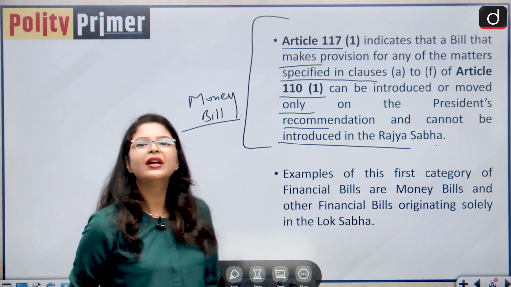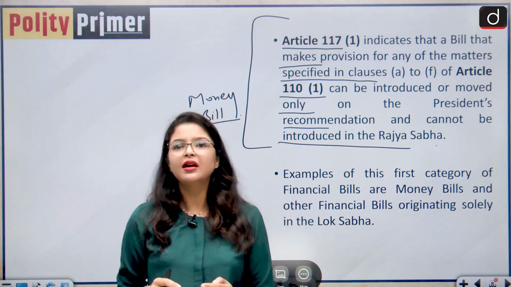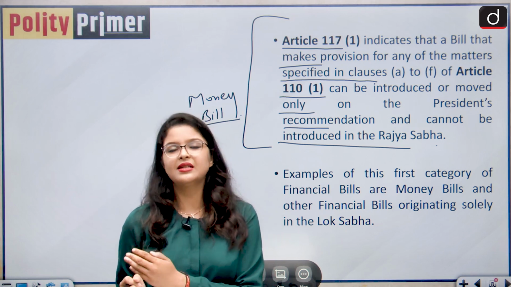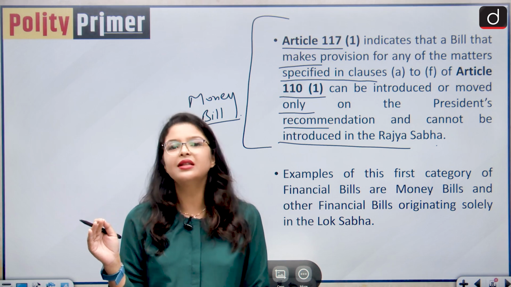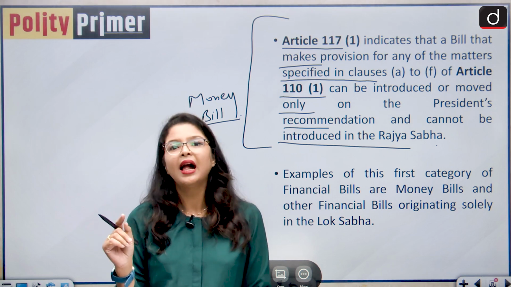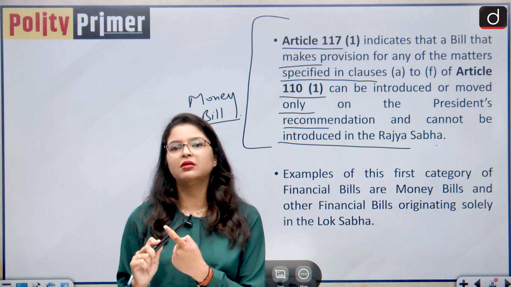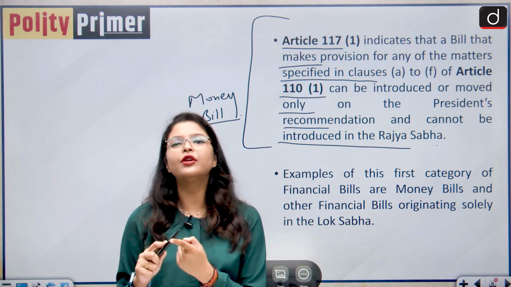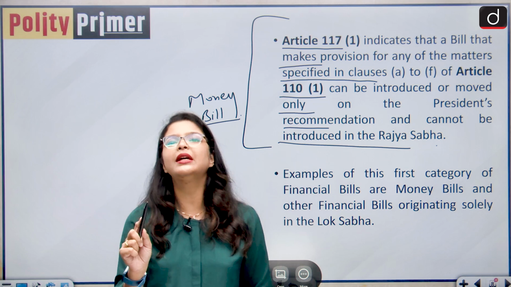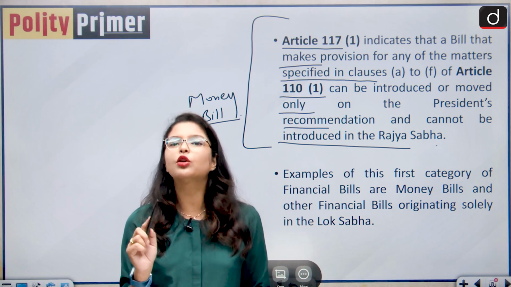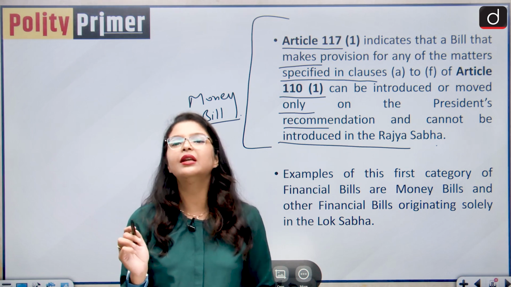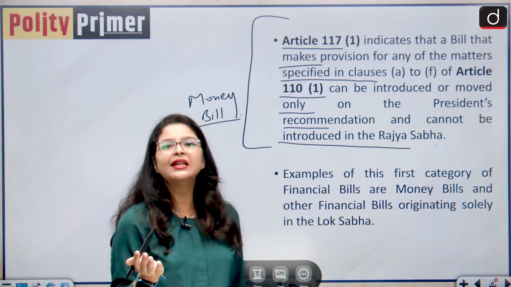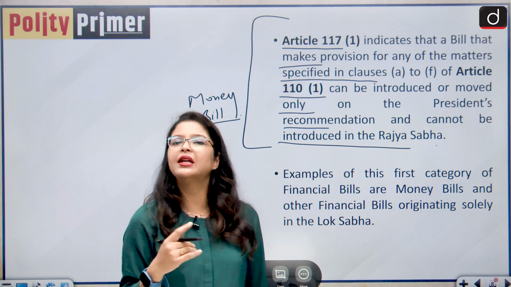Article 110 clause 1 enumerates 7 categories, and if a bill falls under those 7 categories it is classified as a money bill. The first and foremost characteristic of a money bill is that it can only be introduced in the Lok Sabha and it cannot be introduced in the Rajya Sabha. In fact, Rajya Sabha has a very limited power over a money bill. We'll see and understand what is a money bill in our further slides.